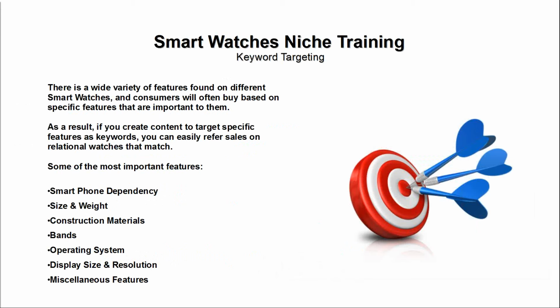When you create content on your website to target these different features, you're doing this using these keyword phrases that relate to these smartwatch products. But what's really important is that when you target the features appropriately, if somebody is interested in a smartwatch that can do one specific thing, you can easily narrow down the products that you promote to them relating to that one topic.